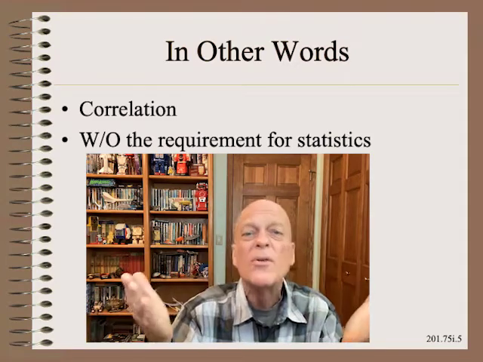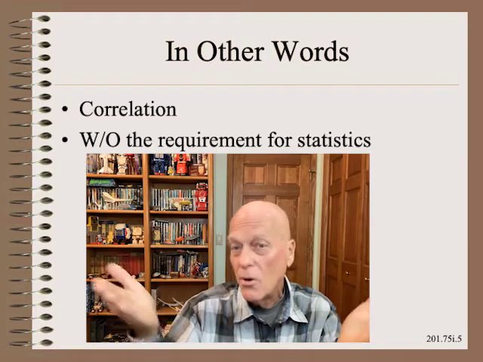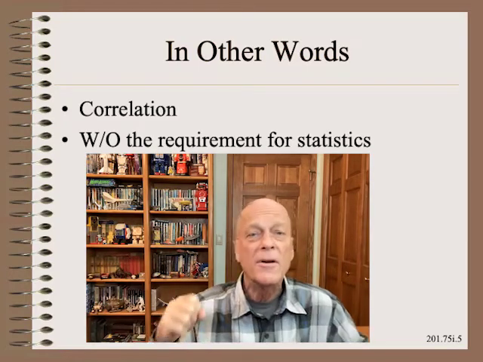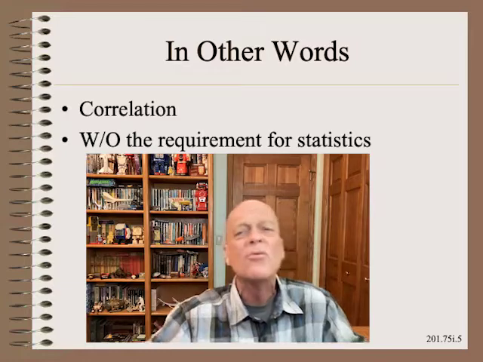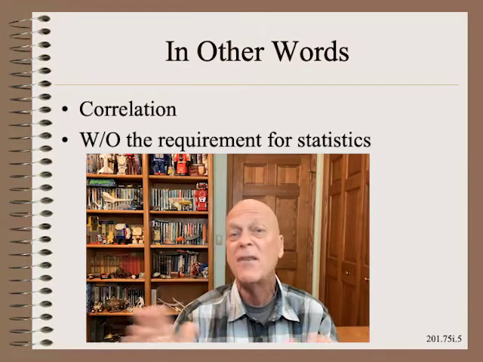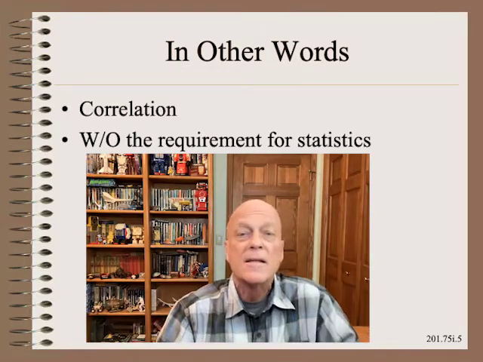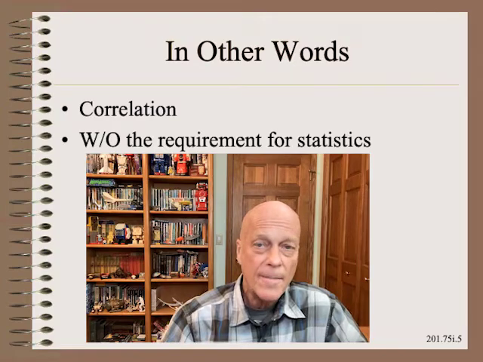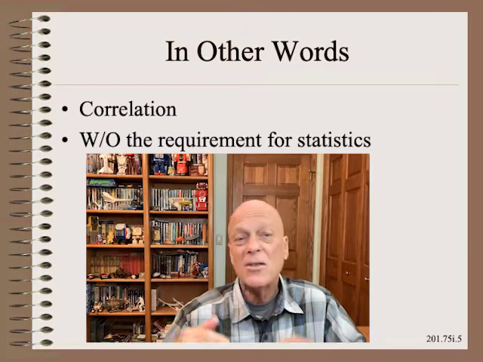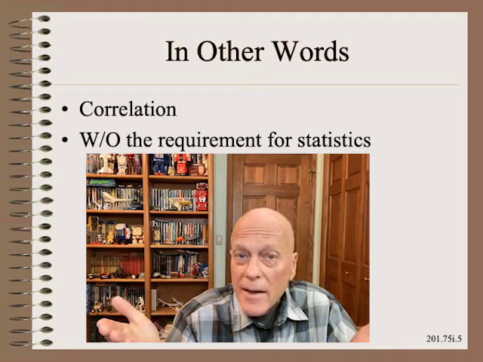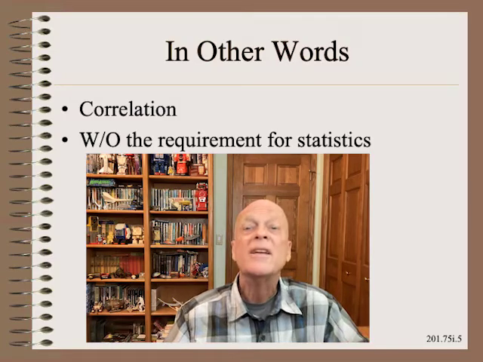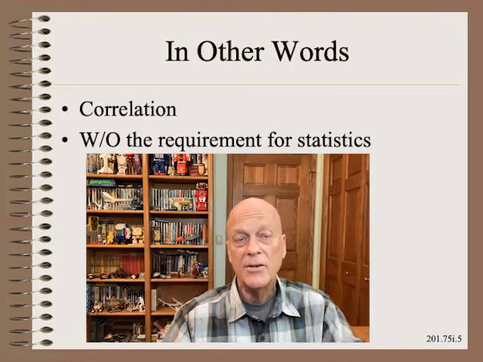So why don't I just use the word correlation? Well, first, the word correlation is way overused and even abused, and thus loses its potency. Second, because when it is used carefully, it can imply statistical correlation.